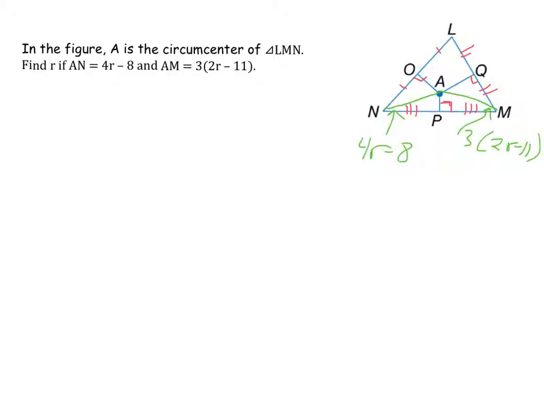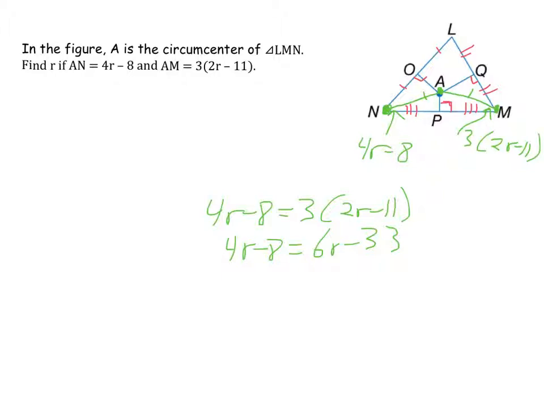Well, the fact that we all agree that point A is on the perpendicular bisector AP means the distance from A to the endpoints of the segment being bisected is congruent. So in order to solve this, we set 4R minus 8 equal to 3 times 2R minus 11, and then solve for R. Subtract 4R.